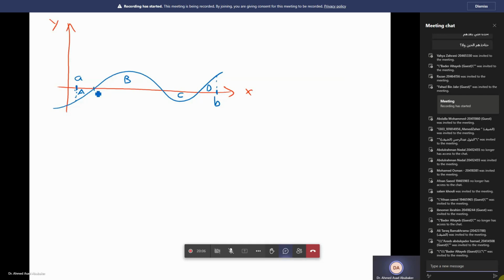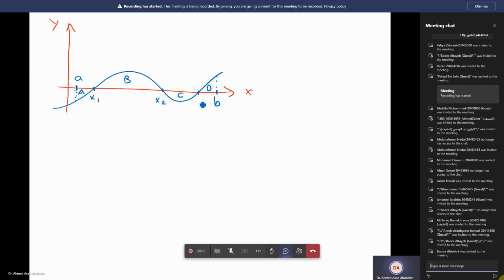And we have some intersection points, or this is called the x-intercept. This is f of x. A is the value of the area in region A, B means the value of the area in region B, and so on.